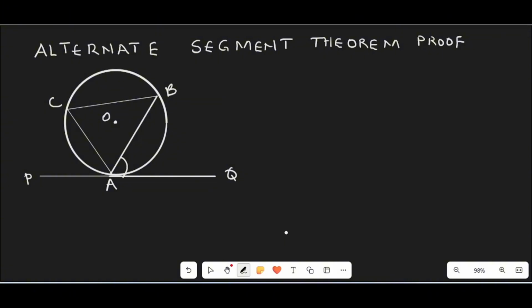This is angle Y. And let us also say our angle BCA in the alternate segment is X. But we want to prove that our angle Y is equal to our angle X.